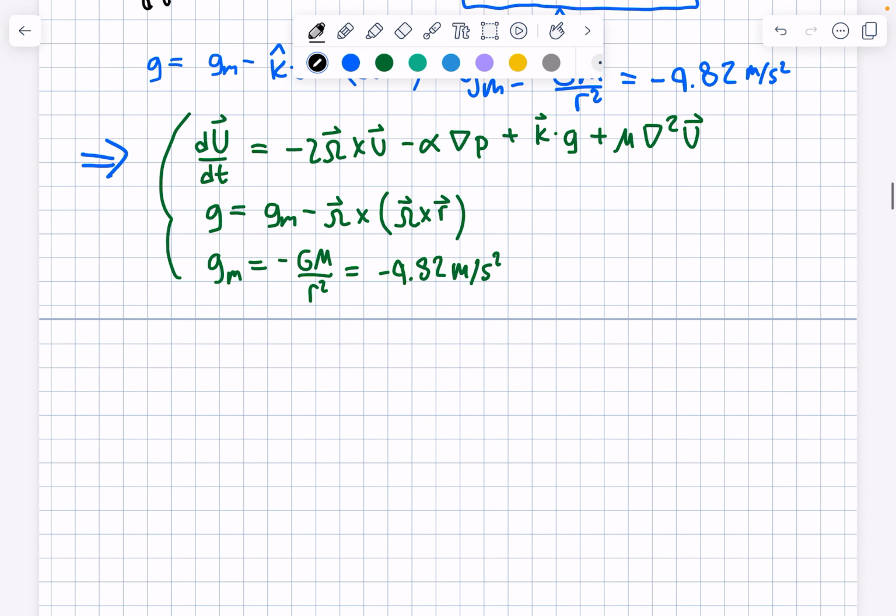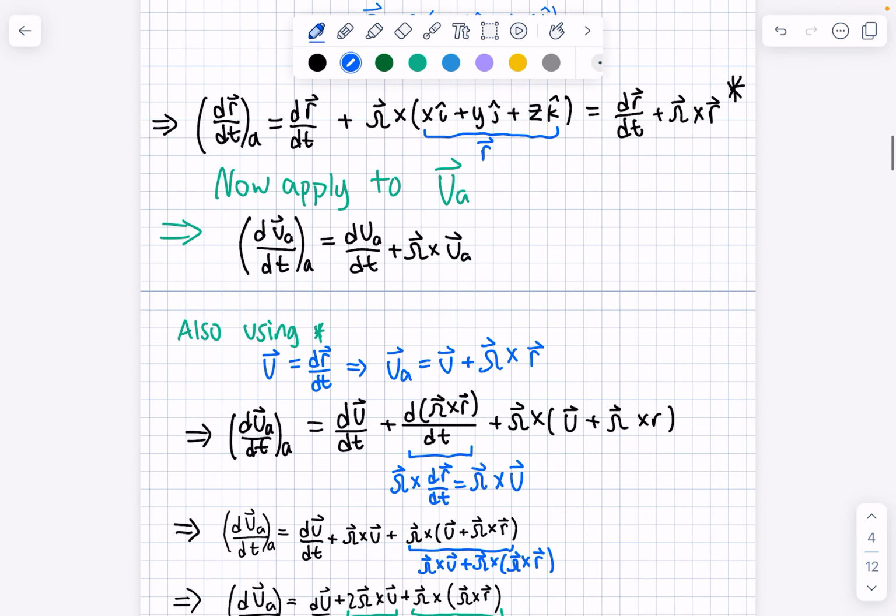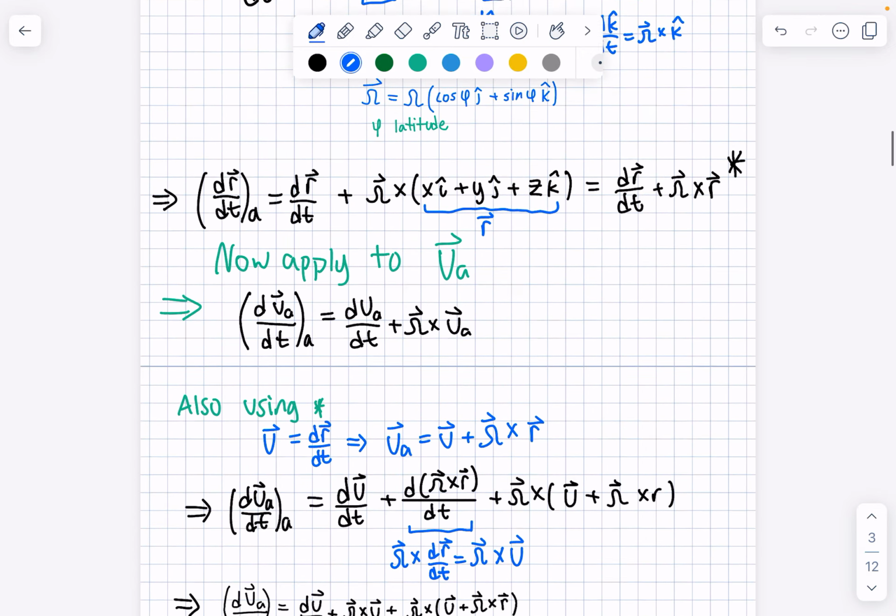So we have 2 omega cross u, where omega is equal to, I believe, cosine phi j plus sine phi k. Let me double check. Cosine, correct.